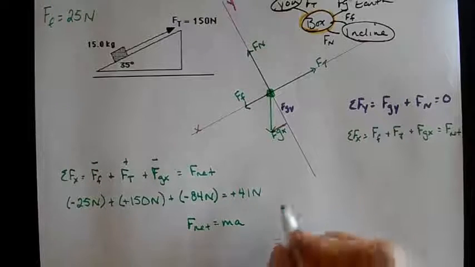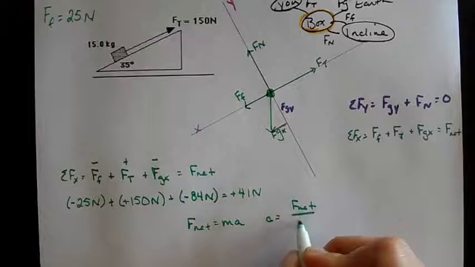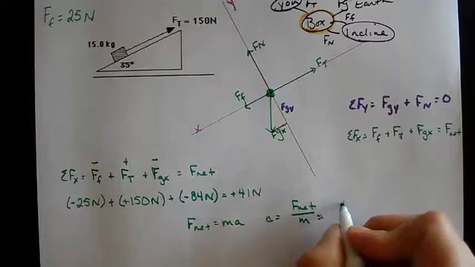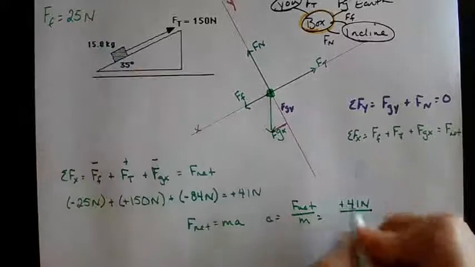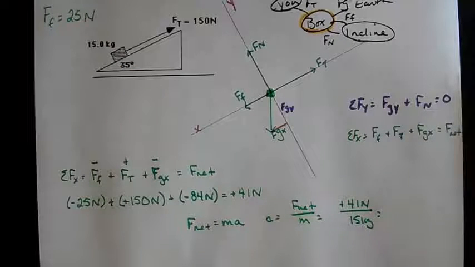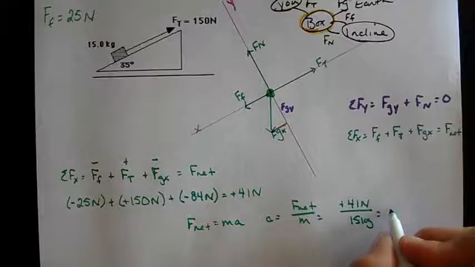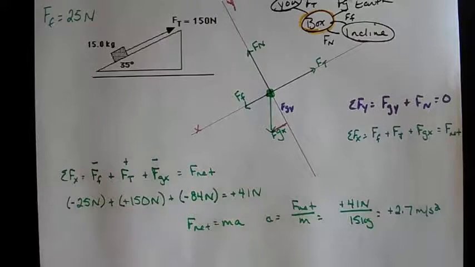Okay, we're still trying to find our acceleration. Acceleration is net force over mass. Our net force is a positive 41 newtons over 15 kilograms. So 41 divided by 15 is going to give us an acceleration of a positive 2.7 meters per second squared.